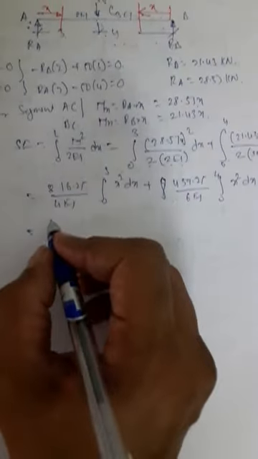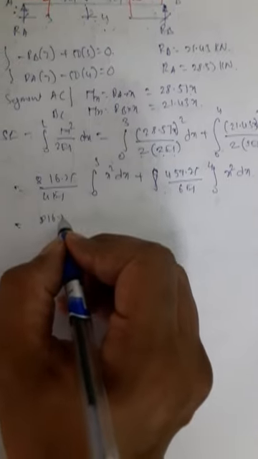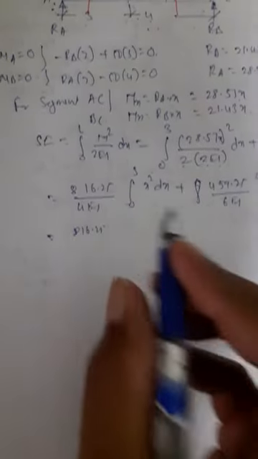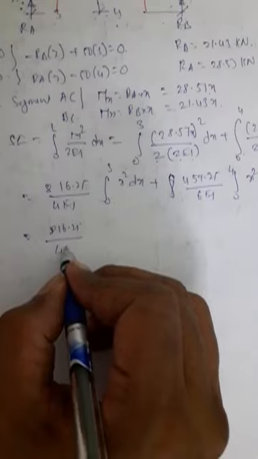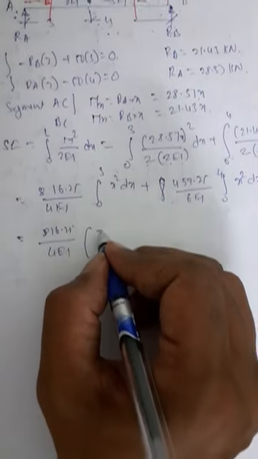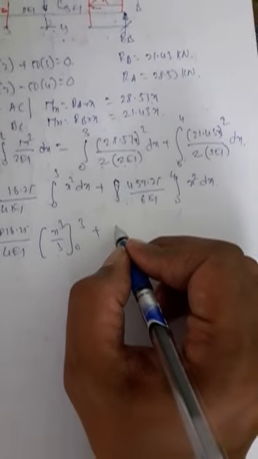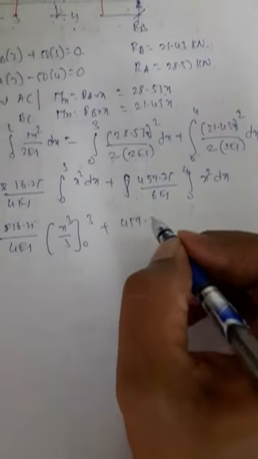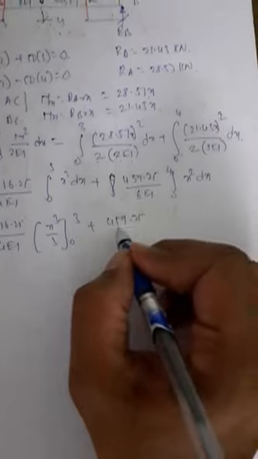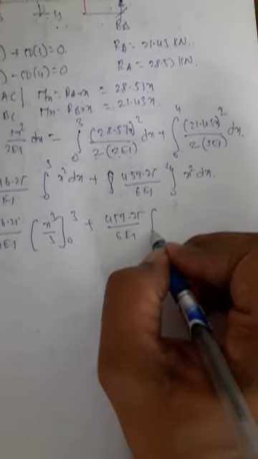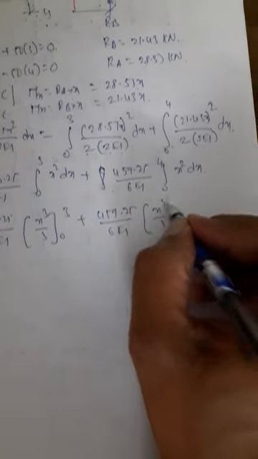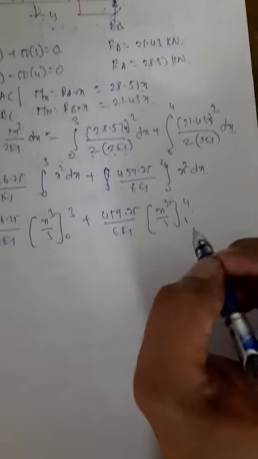Now I'll integrate these things. 816.25 divided by 4 EI, integration of x square is x cube by 3, limits are 0 to 3, plus 459.25 divided by 6 EI, limits are x cube by 3, 0 to 4.